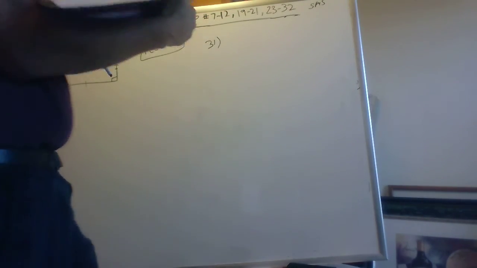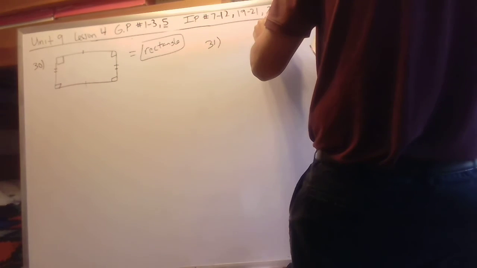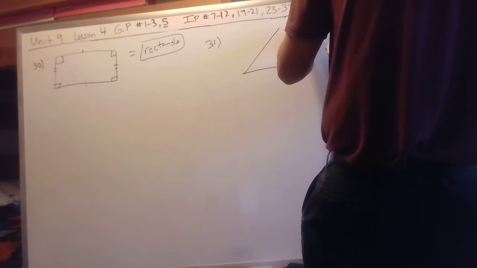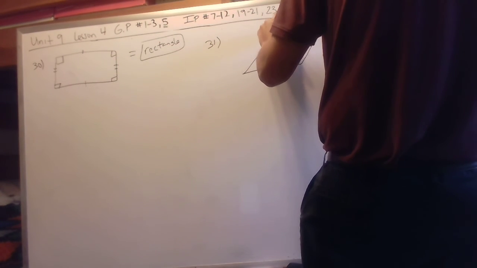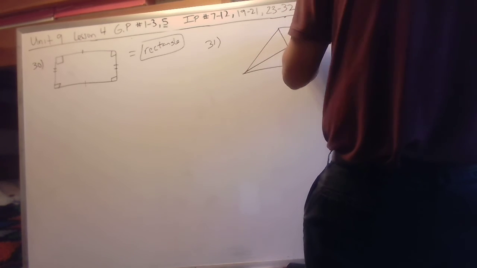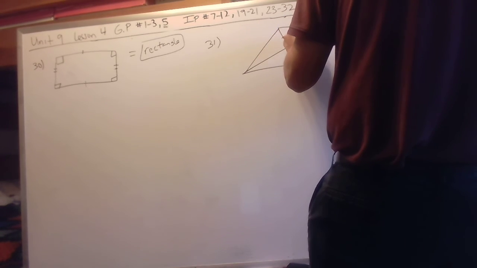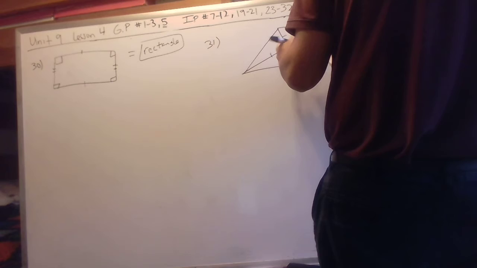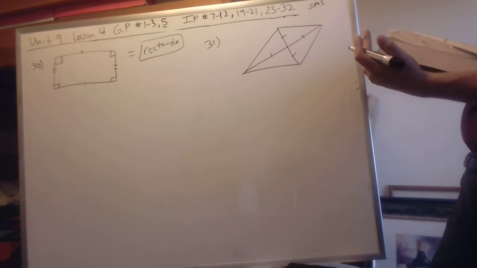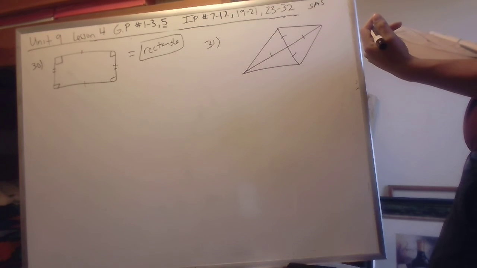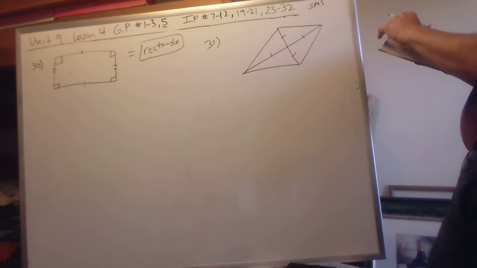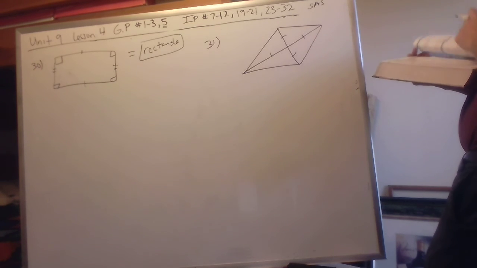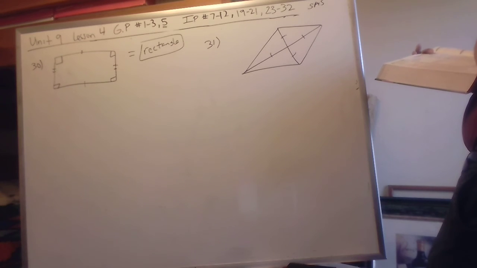So for number 31, it looks like a parallelogram, but then we have these congruent parts. Like the problem we just went over for the diagonals, I believe it was problem 11.